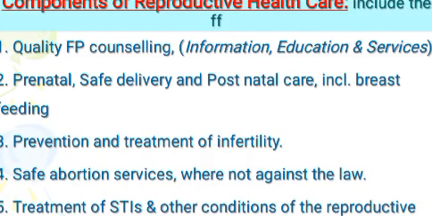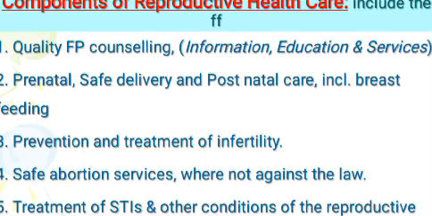Components of reproductive health care include: 1. Quality FP counseling, or family planning counseling, information, education, and service. Prenatal safe delivery and postnatal care, including breastfeeding. Prevention and treatment of infertility. Safe abortion services where not against the law.